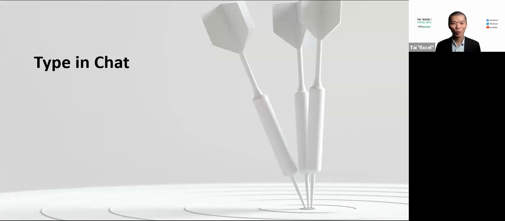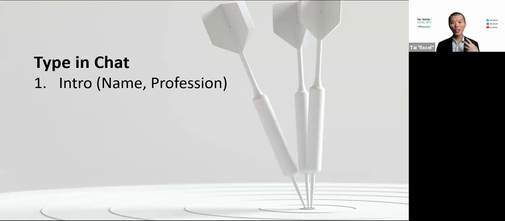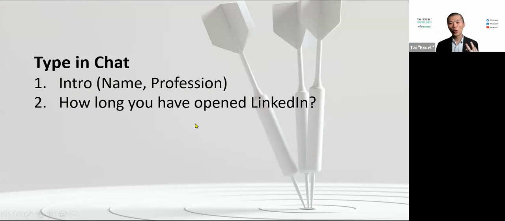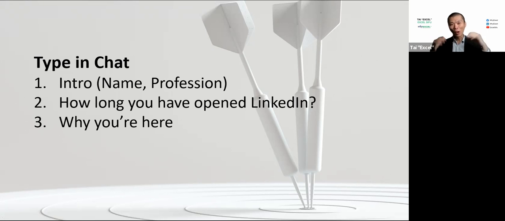We will go through a few things. Type in the chat. I want to know a bit better about you. Briefly introduce your name, your role, that means your profession, and how long you have had your LinkedIn account. No right, no wrong. You can say, I just opened it one second ago, perfectly okay. You can say, I opened it 20 years ago. Wow. And state briefly why you are here. You can type multiple chat messages, that is perfectly okay. I want to know a bit more about you: your name or profession, how long you have had your LinkedIn account, and why you are here.